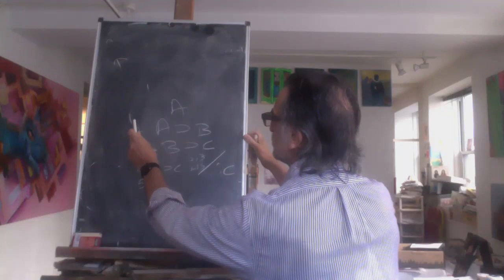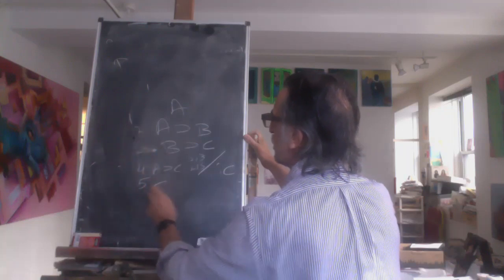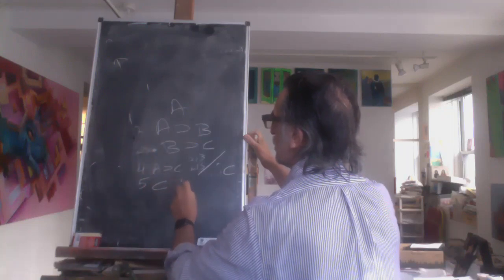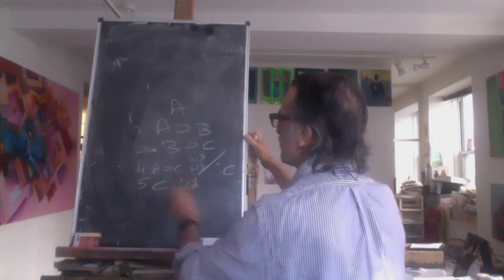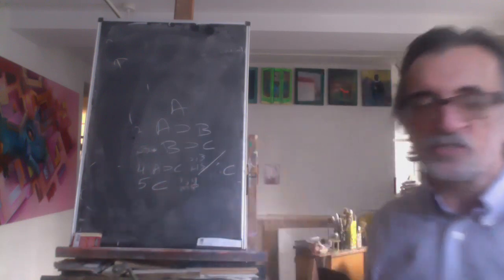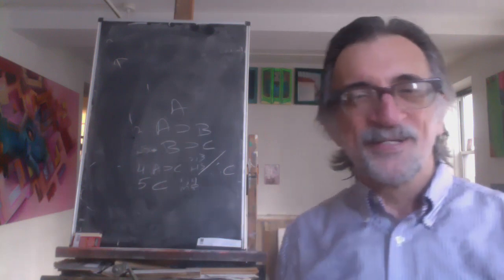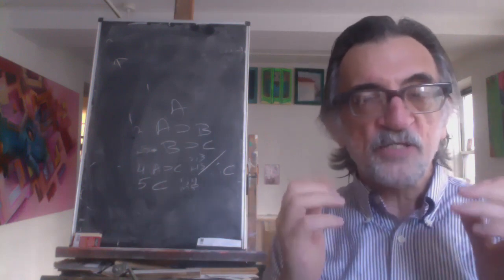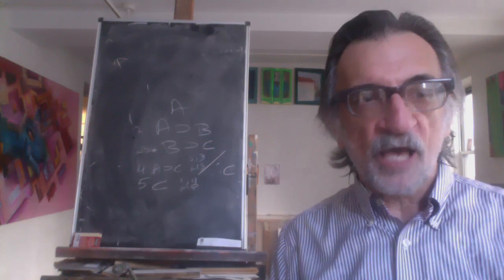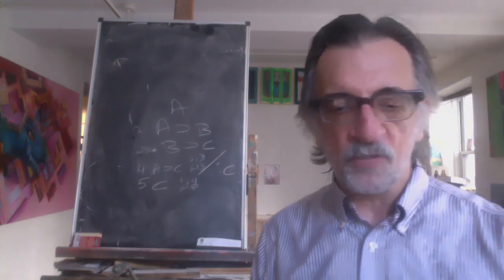And from lines 1 and 4, by modus ponens, we get C, the desired conclusion. Okay, so we can use modus ponens and hypothetical syllogism together.